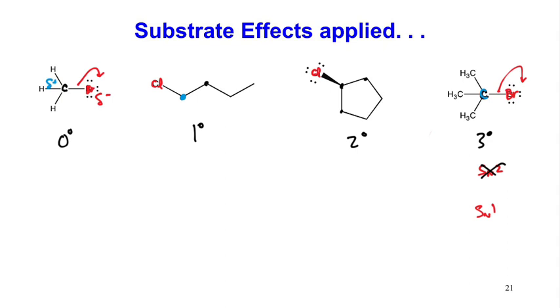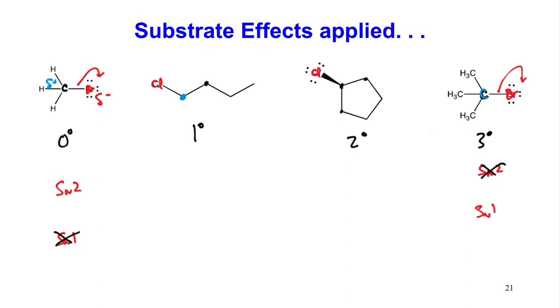If the backside's very accessible, that suggests an SN2 is good. But by that backside being accessible, what I've done is removed electrons, which means the bromine is not likely to leave on its own. If it doesn't leave on its own, it can't form a carbocation, which means when I look at the SN1, not going to happen.